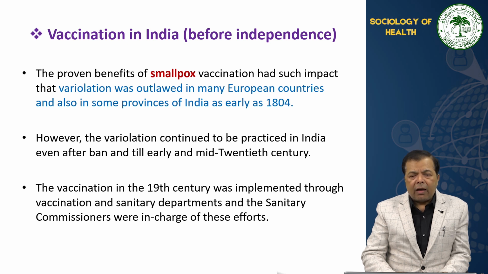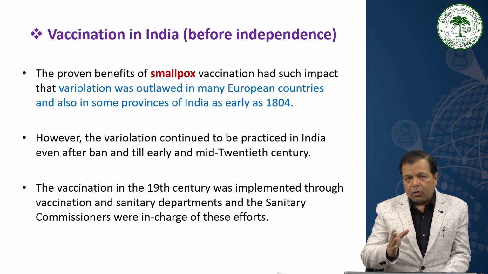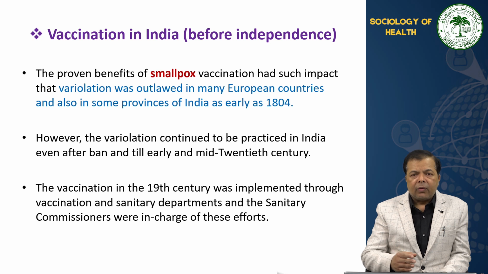So we had those sanitary inspectors, and they were playing a crucial role. The focus was not on the medical care provider as such, because those were not available at that point of time. The focus was basically on the administrators, officers or professionals who were taking care of the environmental health related aspects, the sanitation and other aspects.